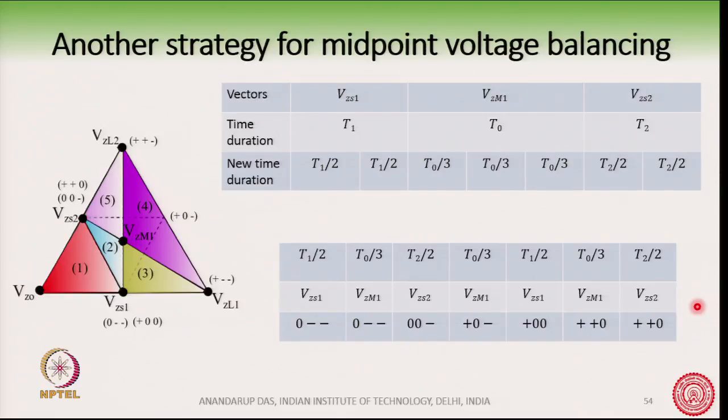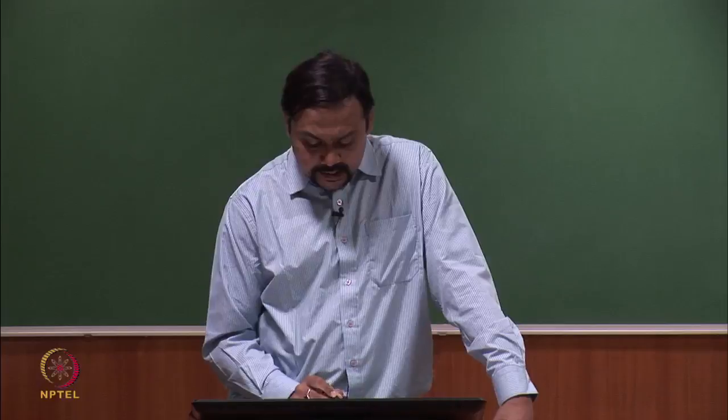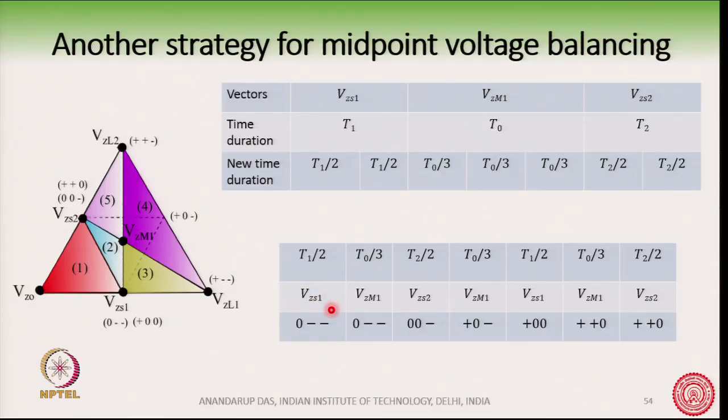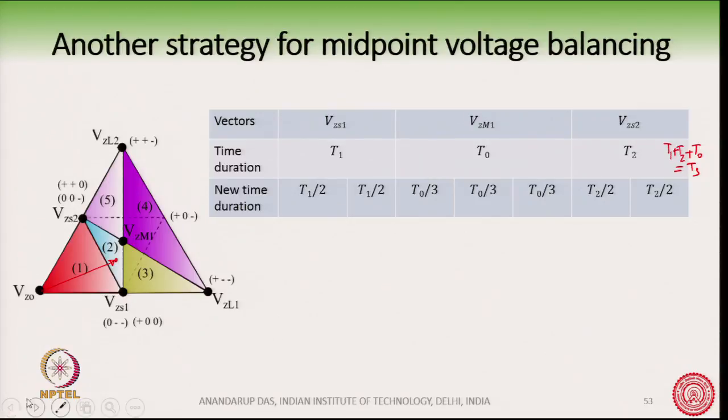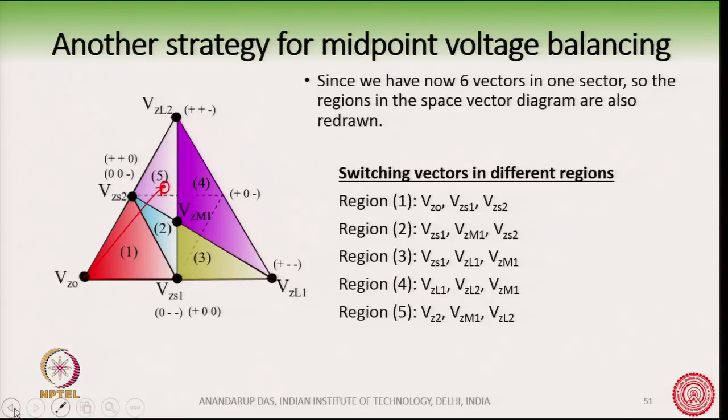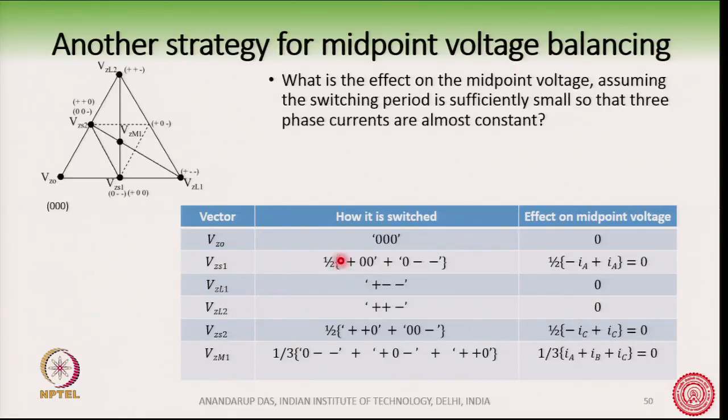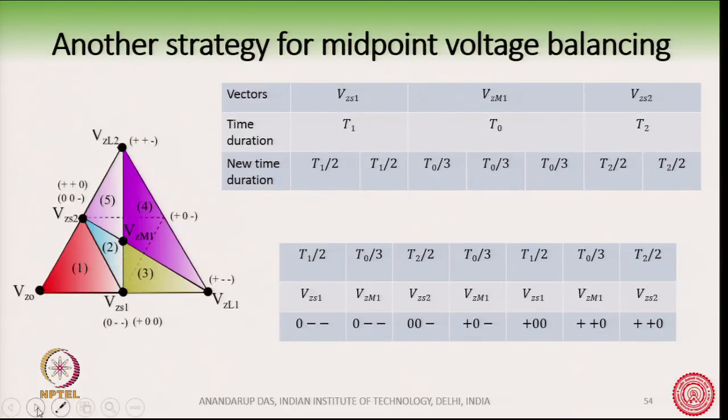Now, if you remember, I told you that Vz_S1 was half of 0 minus minus and plus 0 0. If you remember, Vz_S1 was half of plus 0 0 and 0 minus minus. So, this 0 minus minus and plus 0 0 are here, okay, that half. So, this is half of 0 minus minus and half of plus 0 0.